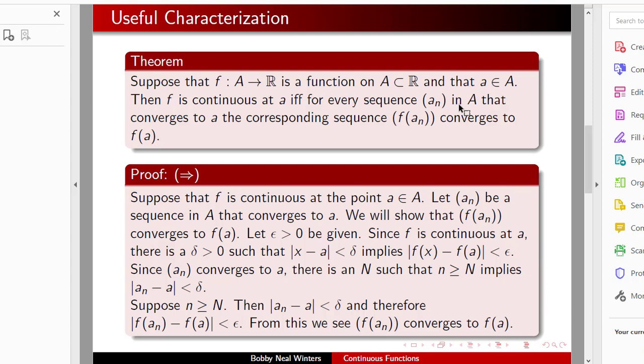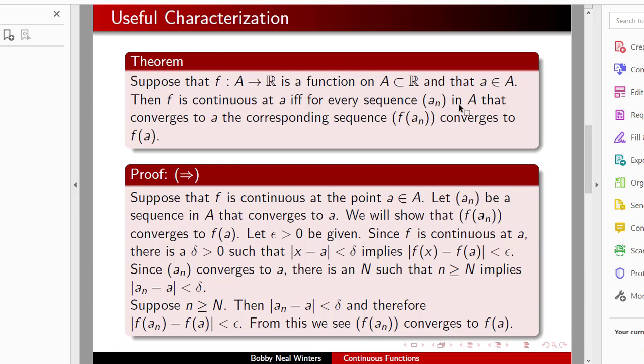So again, our setup is suppose that f from A to R is a function on the set A contained in R, and that little a is an element of the set capital A. Then f is continuous at the point a if and only if for every sequence a sub n in capital A that converges to little a, the corresponding sequence f of a sub n converges to f of a.